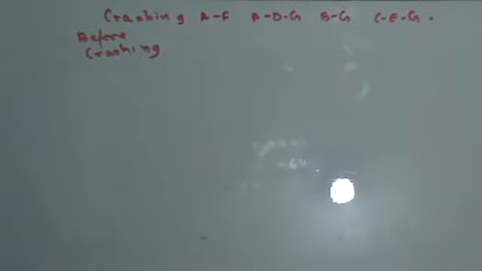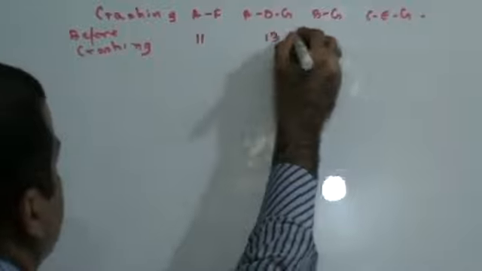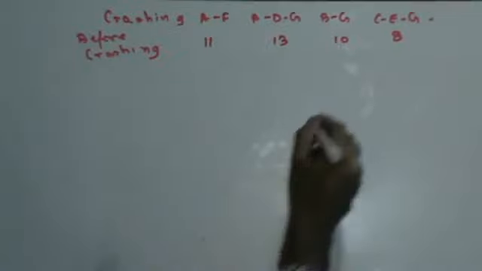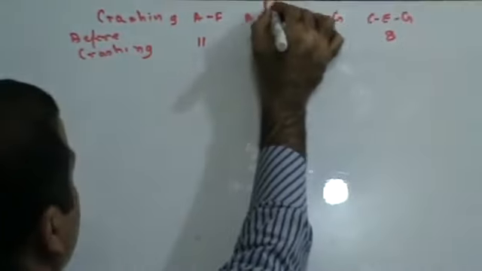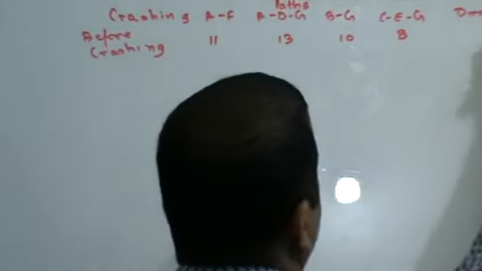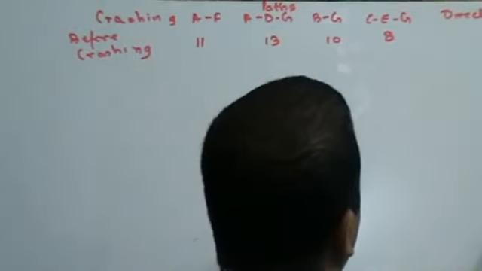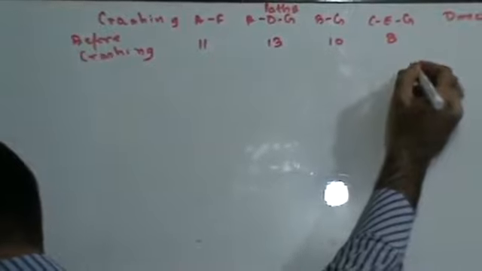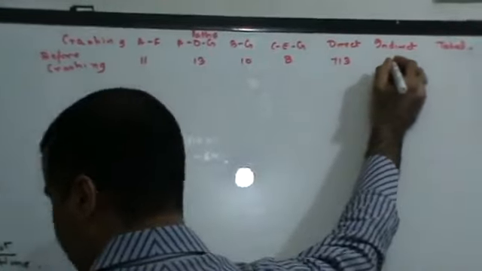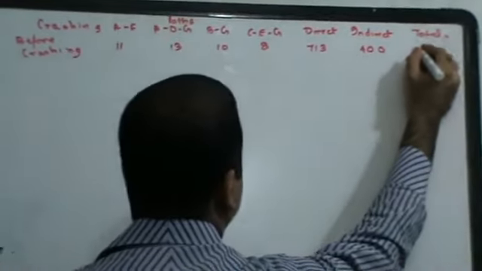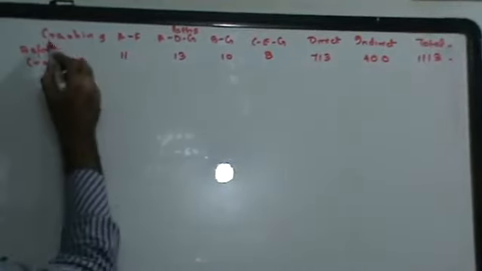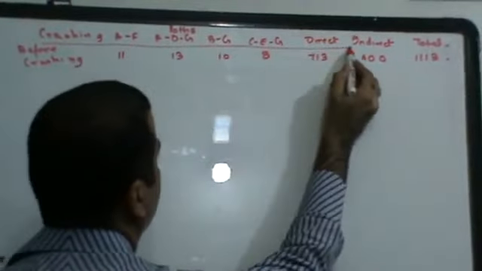The time for them is 11, 13, 10 and 8 days. Next, you write your direct cost, indirect cost and total cost. We found out that the direct cost was 713 rupees, indirect cost was 400 rupees and total cost was 1113 rupees. So that's your preliminary data before you start crashing.